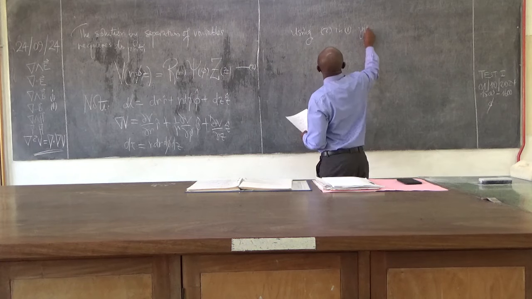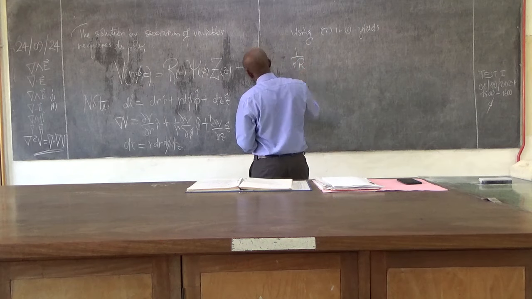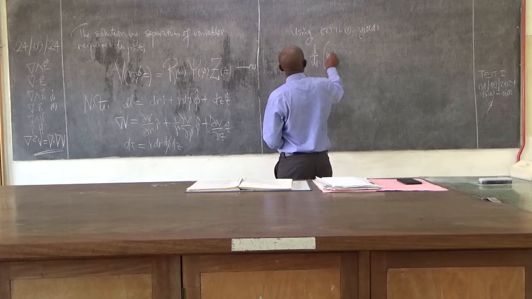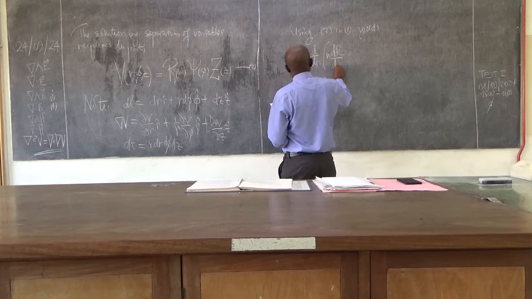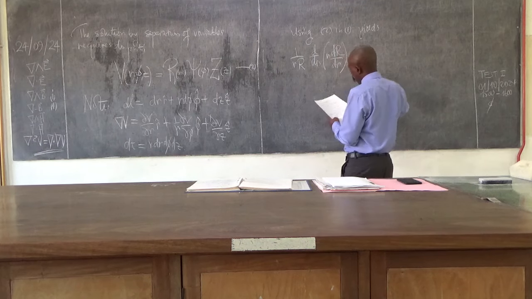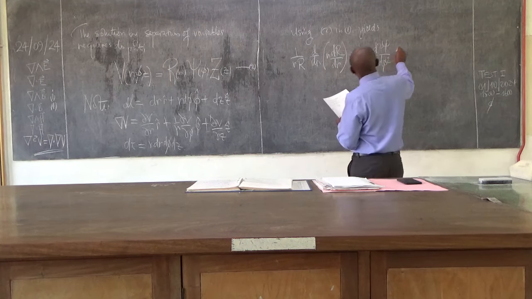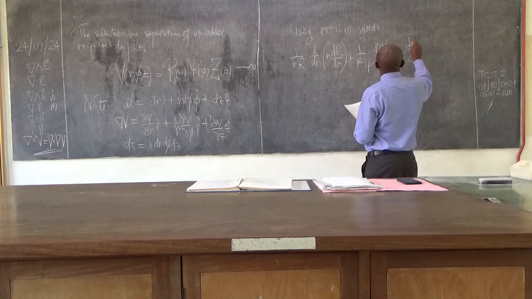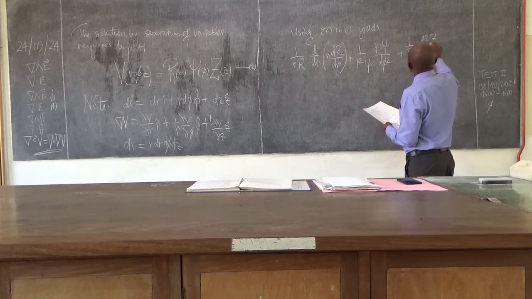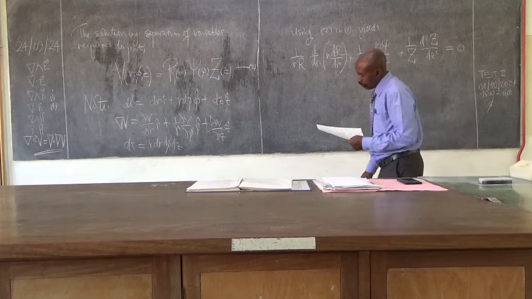So we shall get 1 over R, d/dr in r dR/dr, I'm not going to repeat the steps we used to do previously, plus 1 over r squared psi, d squared psi by d phi squared, plus 1 over Z, d squared Z by dz squared, and this is the operation equal to 0.